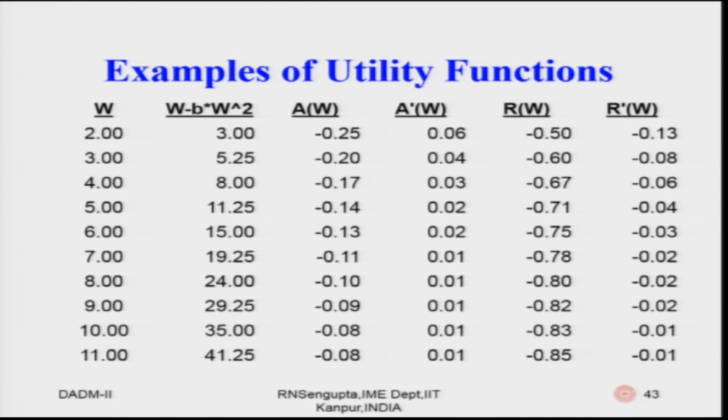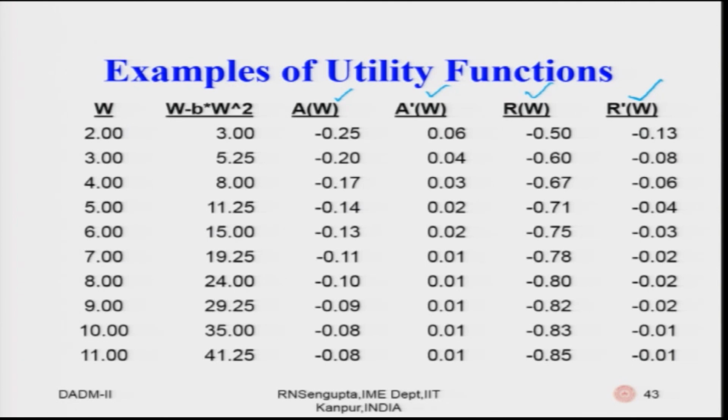The values I have written are for columns 3, 4, 5, 6, and I have put them accordingly, so they have been calculated. How? Let us go one by one. First, consider the value of W as taken. We take hypothetical values from 2 to 11.